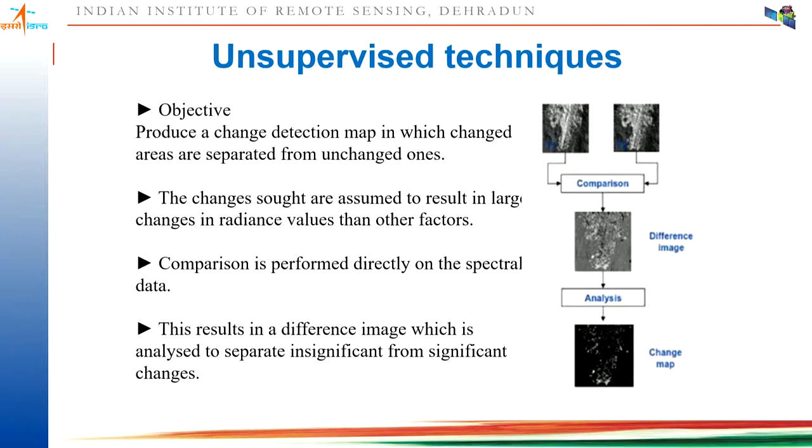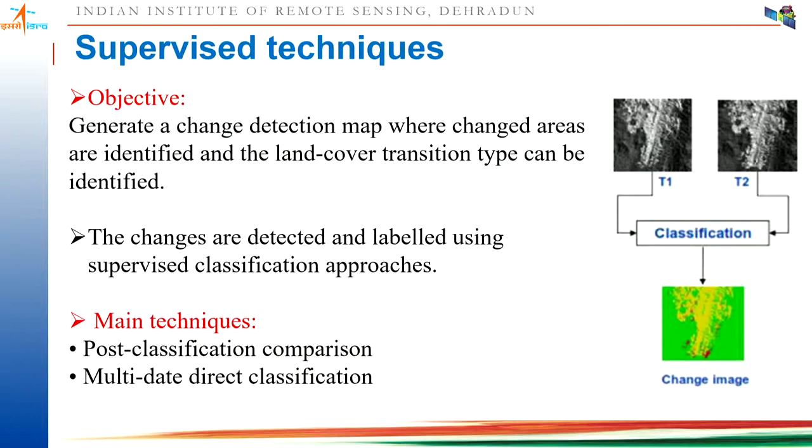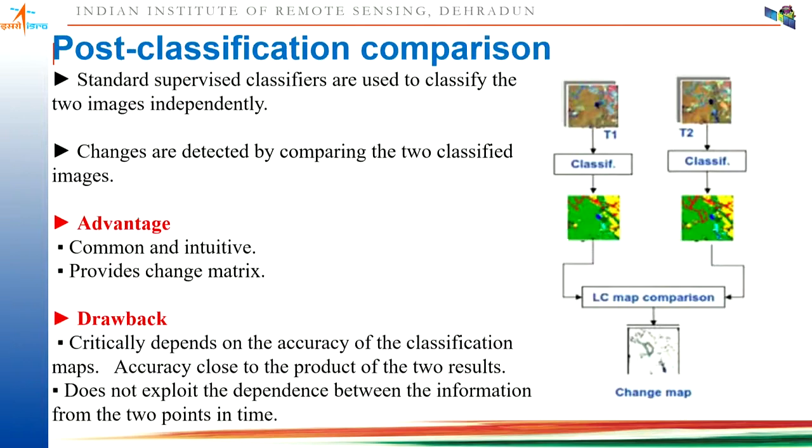So this results in a difference image which is analyzed to separate insignificant from significant change. Similarly, there are supervised techniques in which, using supervised classification methods, change detection is done. It can be post classification or multi-date direct classification.